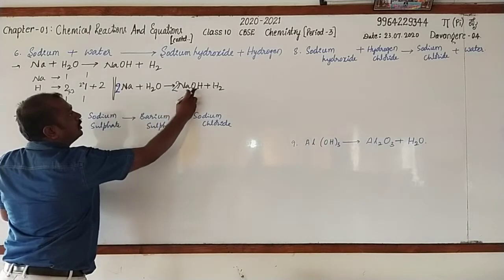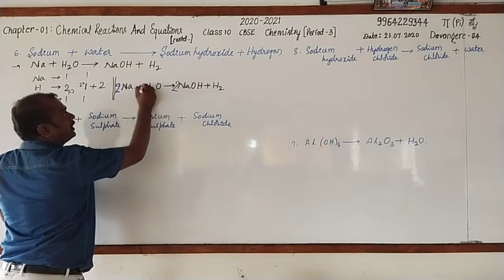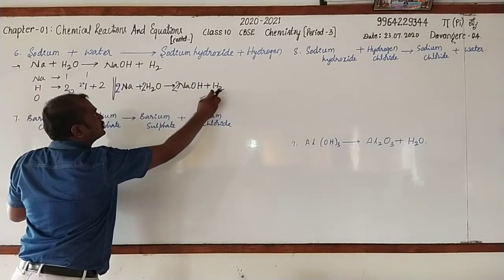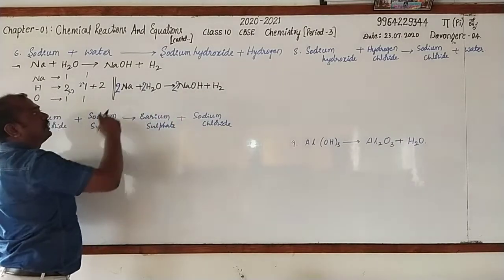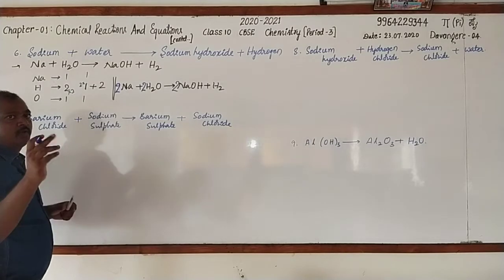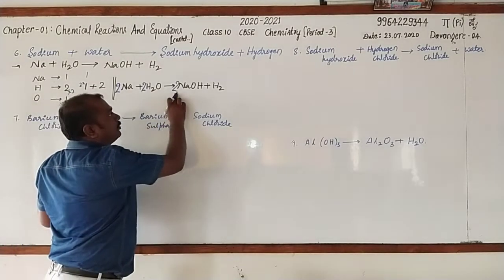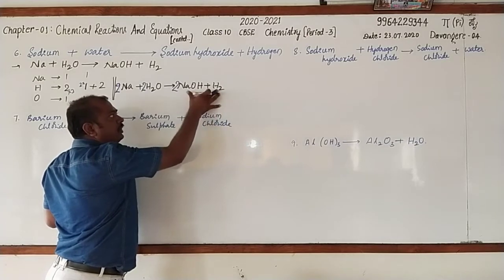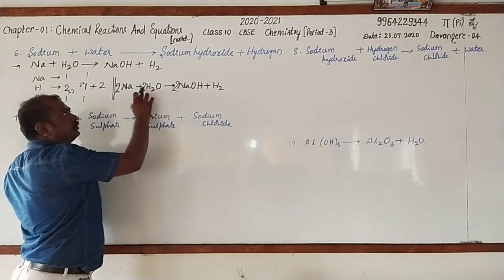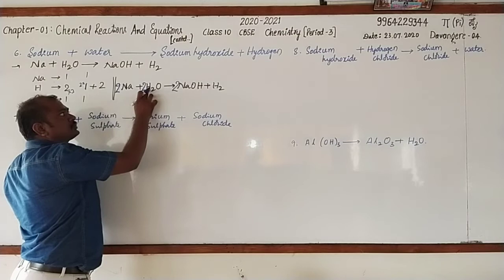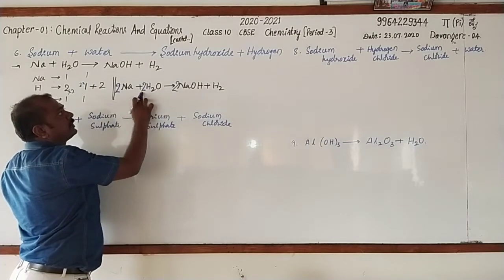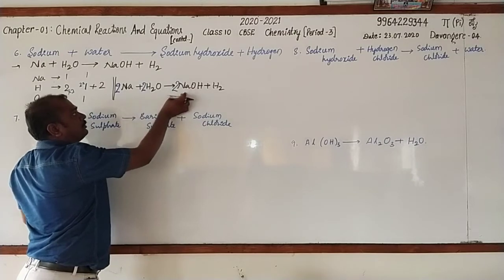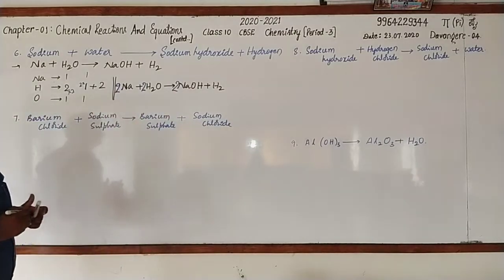Next 2 atoms of oxygen here is 1. Hence it is 2. Hydrogen 2 plus 2 here is 2 2s are 4. Clear? Once I repeat, look here, when you multiply 2 here, 2 atoms of hydrogen, here 2 atoms of hydrogen, total 4, here is 2, hence you will multiply 2, 2 2s are 4. Then oxygen, 2 atoms of oxygen is balanced. Then sodium is 2. Got it?